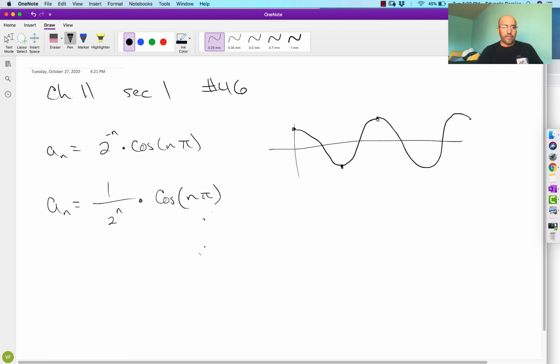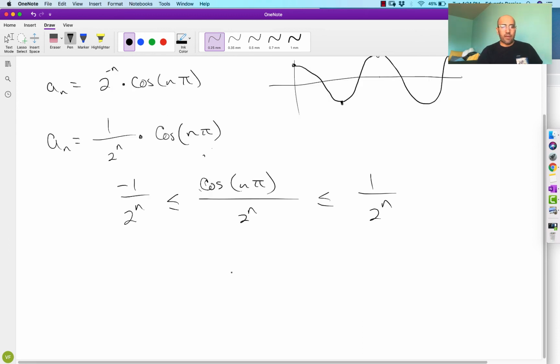I'm going to say that cosine of n pi divided by 2 to the n is always less than or equal to, the most that this can ever possibly be is a positive 1. So this is just trapped by 1 over 2 to the n. And then on this end, the least this could possibly be is a negative 1, so this is negative 1 over 2 to the n.